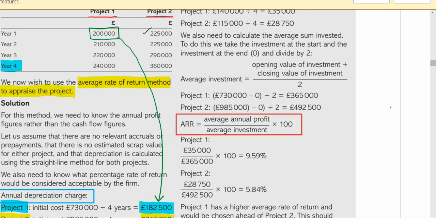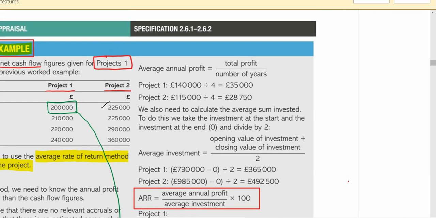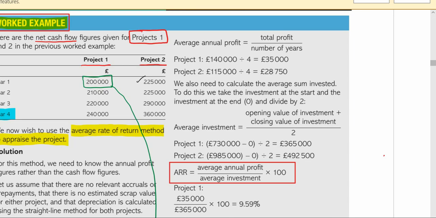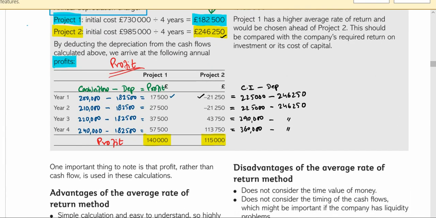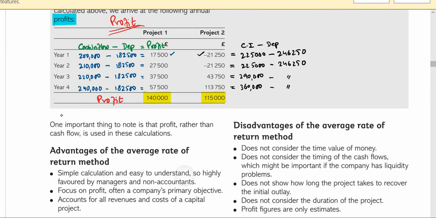Okay, so for the average profit, what to do? We may calculate average profit here. So 140,000 divided by 4 and 115,000 divided by 4.